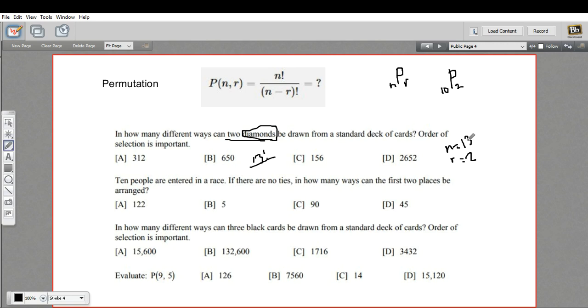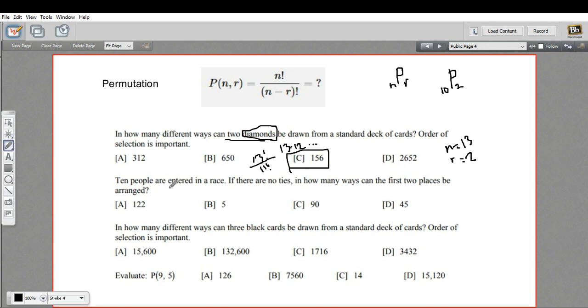Well, n minus r, 13 minus 2, that would be 11 factorial. And I'm going to have on top 13 times 12, and then everything that comes after is going to cancel with the 11 factorial. So my answer really is just 13 times 12, which is 156. So there are 156 ways to choose two diamonds from a standard deck of cards.